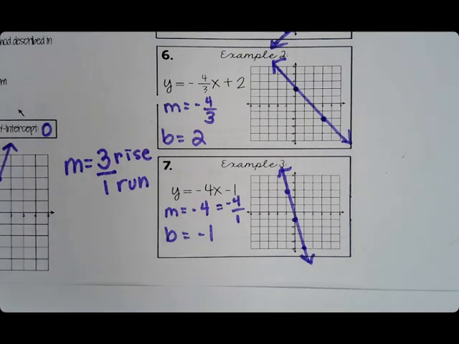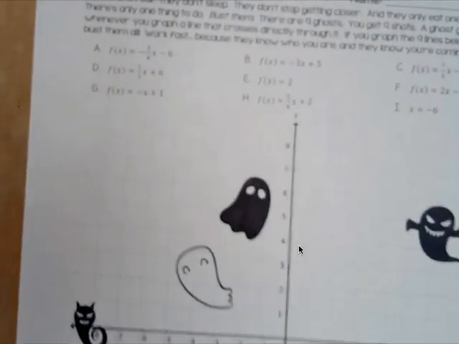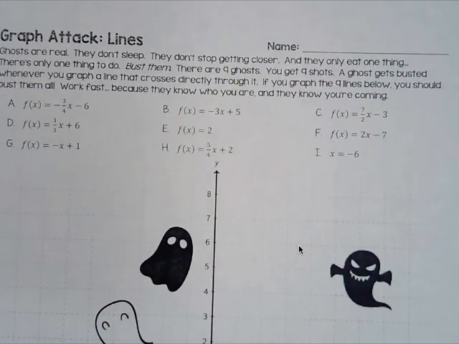And I'm going to show you what your assignment is. Something that I'm going to grade you on, that I haven't been real strict on, is making your lines straight.